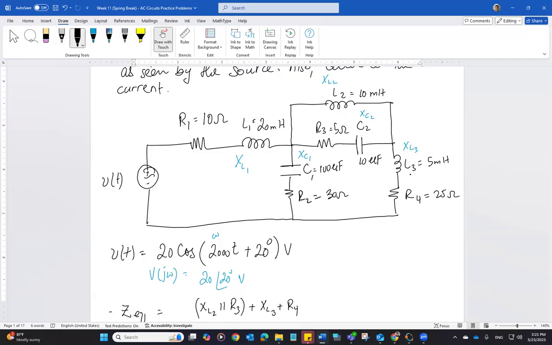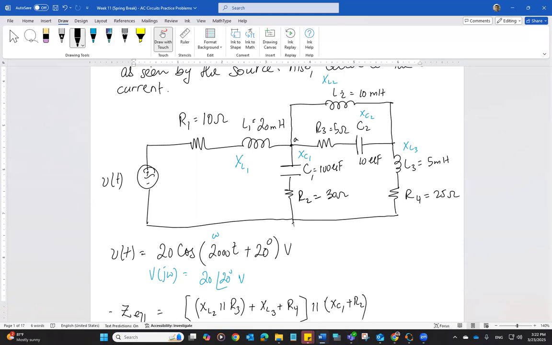Now that quantity is going to be connected between this node, let's call this node A, and the bottom node, if it is ground, let's say this is ground, and that will be in parallel with XC1 and R2. So this whole thing is in parallel with XC1, which is in series with R2.